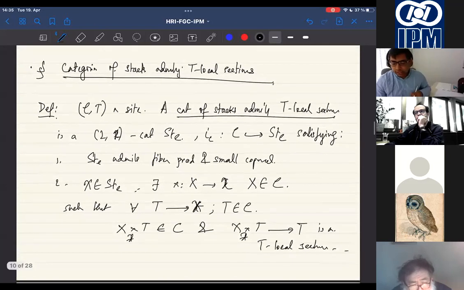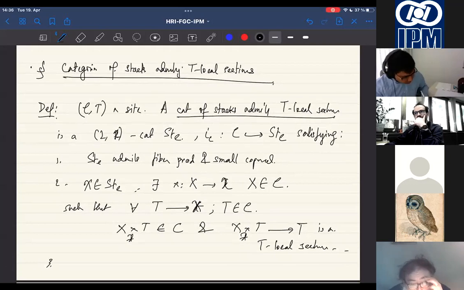That is the same definition as an atlas of an algebraic stack, but now there is a restriction from the topology: this atlas is not just a smooth surjection, but a τ local section with respect to the topology τ that I'm starting with.